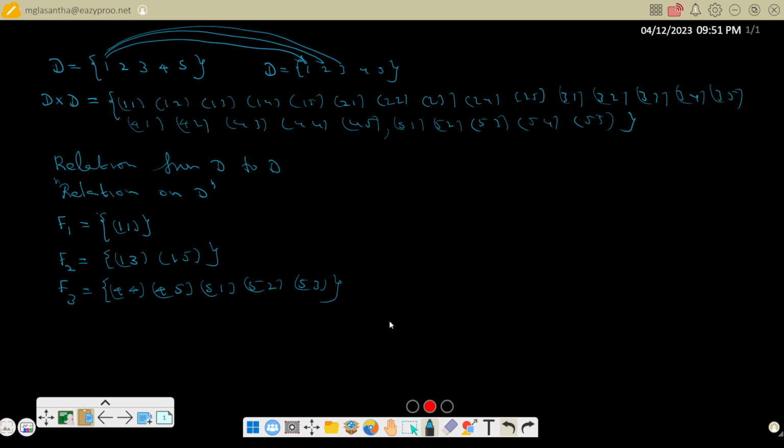No need to always use R. Normally the letter F is used for functions, which we haven't discussed yet, so you can use it for relations. A function is also a relation, but these are not functions. A function is a relation with some special properties.